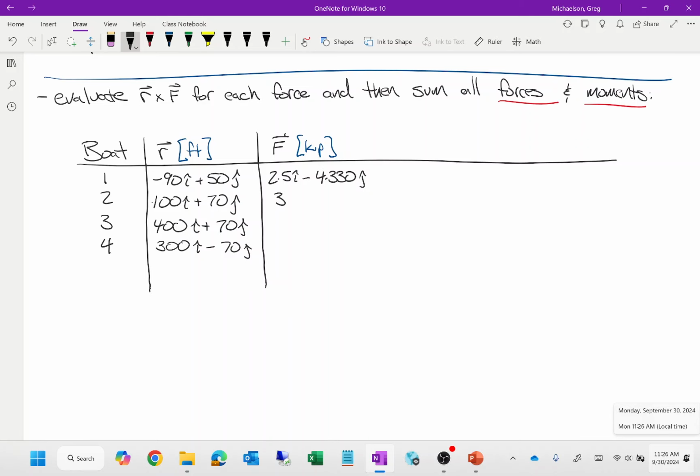I had 3i minus 4j. I had 0i minus 5j. And I had 3.536i, and then the same j.